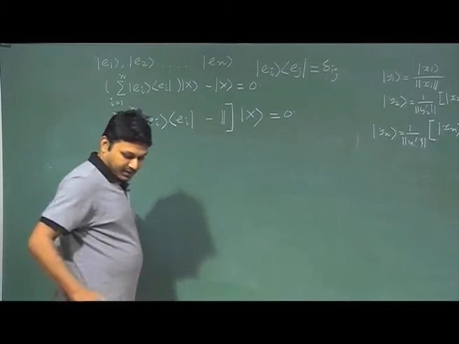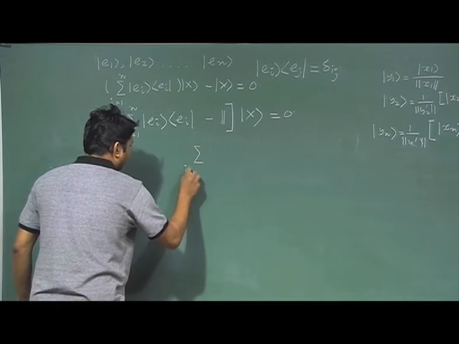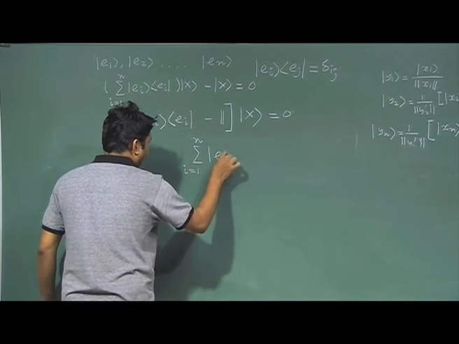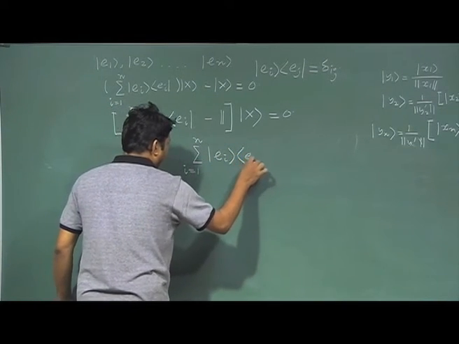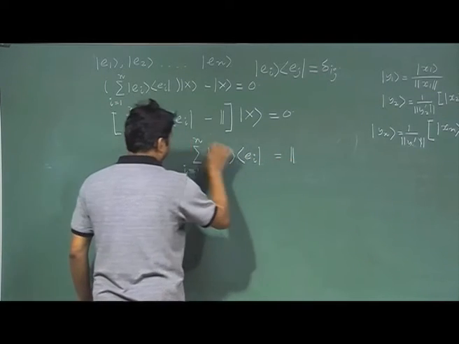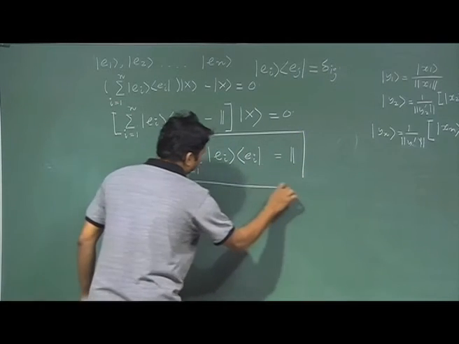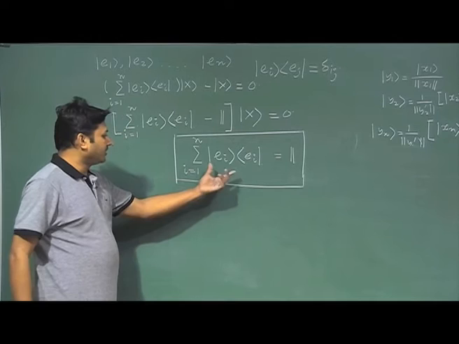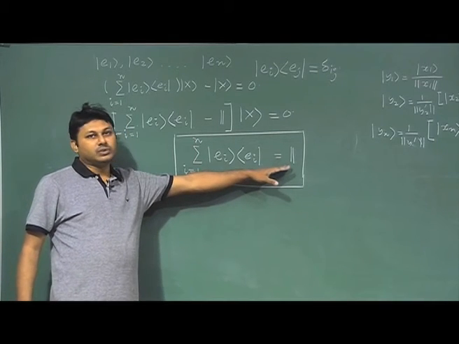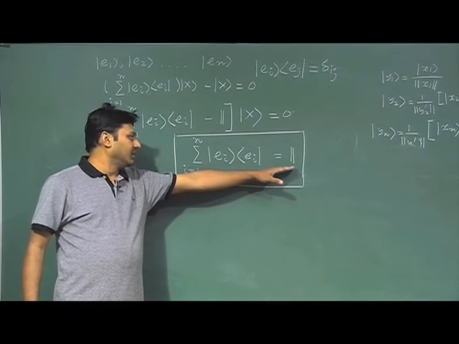From here I will have a very important expression. This expression has a special name: the projection operator over all the directions. If I take it, it essentially gives you the unit matrix.